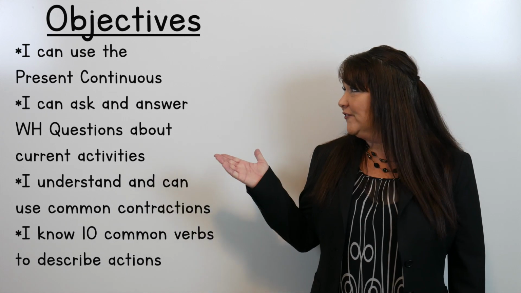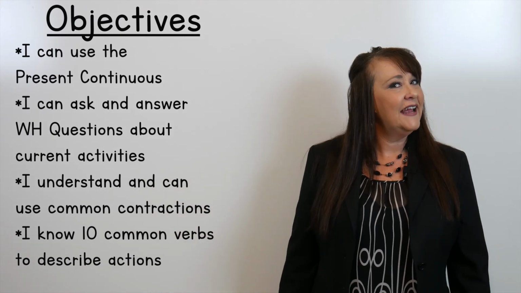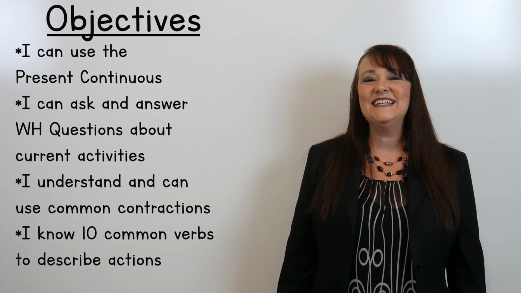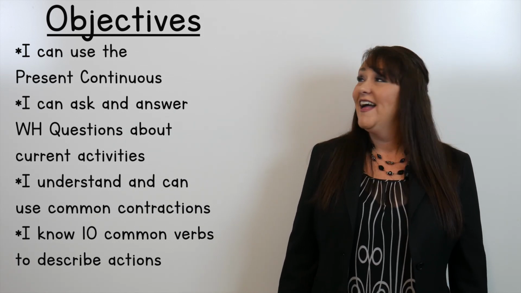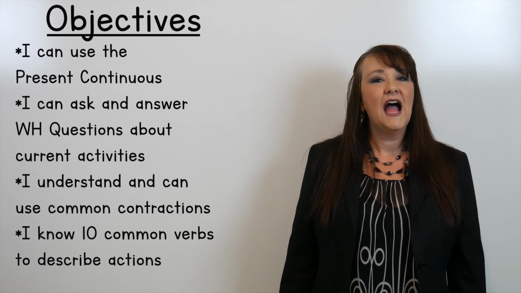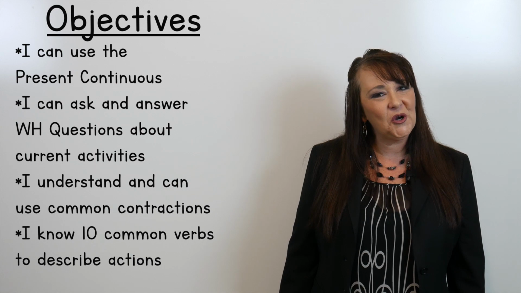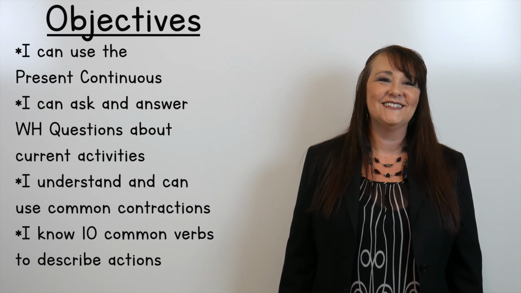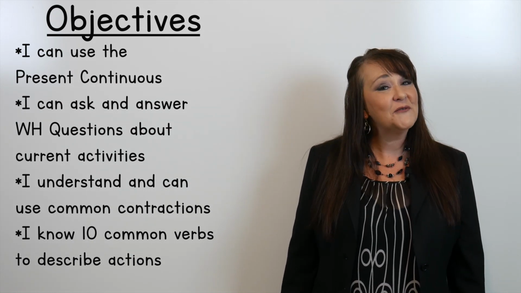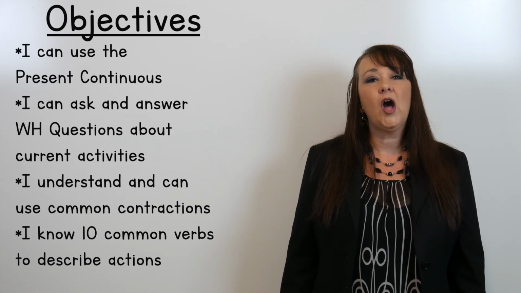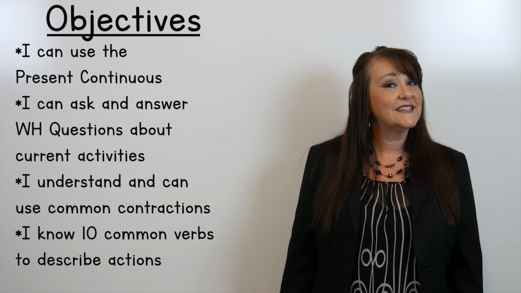Let's go ahead and look at the objectives and see how we did. The first objective says, I can use the present continuous. I think we did that, didn't we? The next objective says, I can ask and answer questions about current activities. Objective 3 says, I understand and use common contractions.